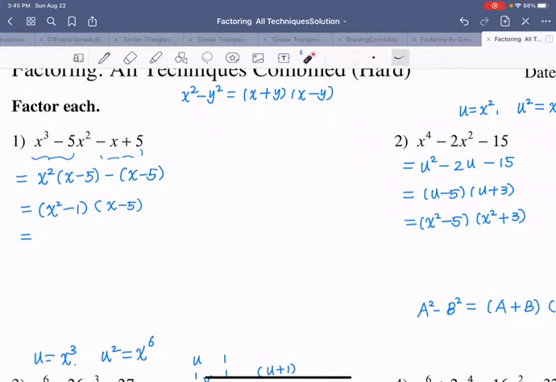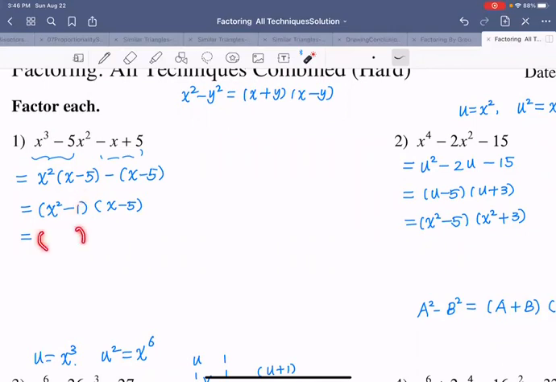There you go. For this, I taught the formulas like that. Who is this guy? x squared minus 1. 1 is the same as 1 squared.